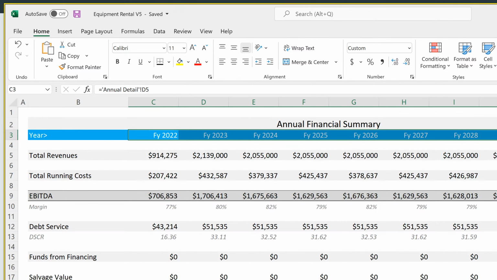Get this justified to the left. Balance sheet monthly, balance sheet annual. This is really good because instead of going through and manually looking through the workbook at all your different check values, you can just get it all right here.